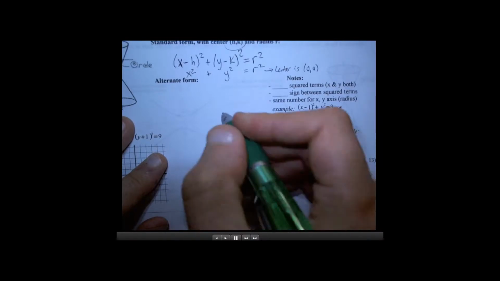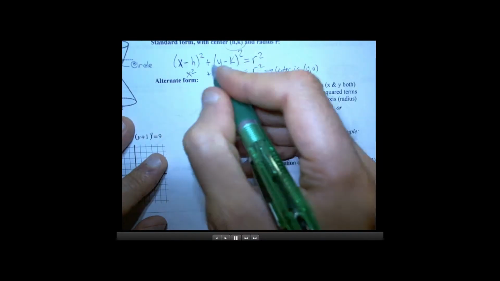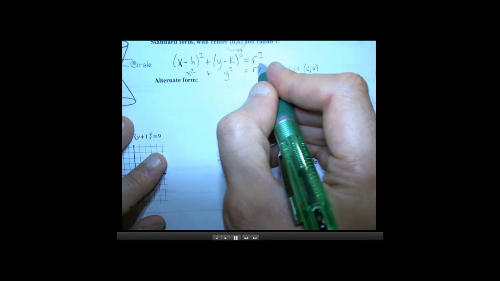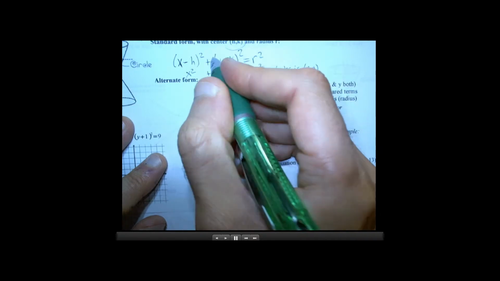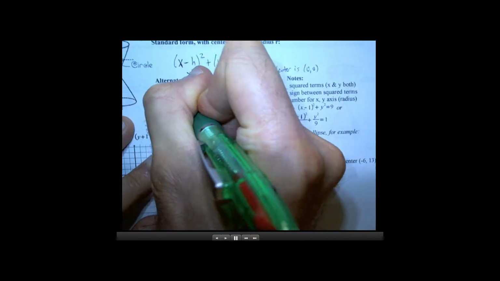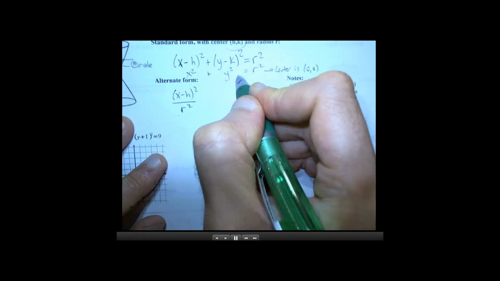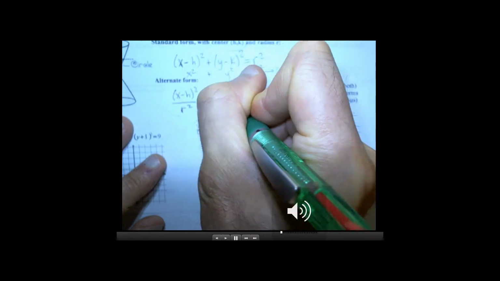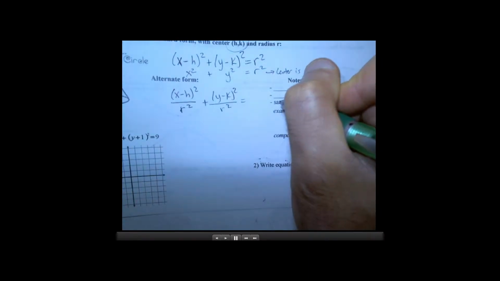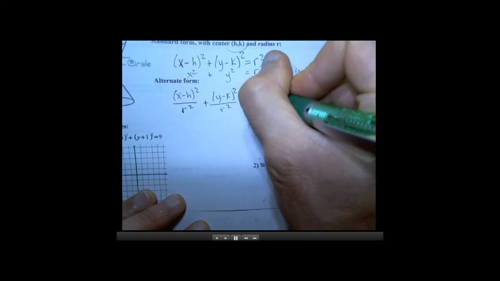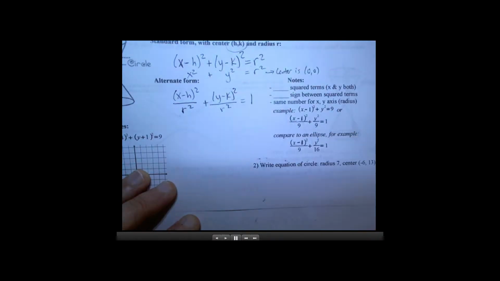Now there's an alternate form. This is the main one you see in the book. But if you don't like this, you can divide everything by r^2. So if you divide everything by r^2, you get (x - h)^2 over r^2 plus (y - k)^2 over r^2 equals, and r^2 divided by r^2 is just 1.